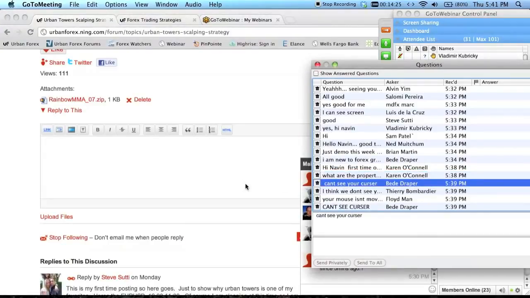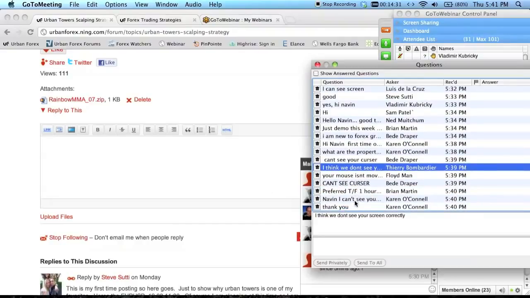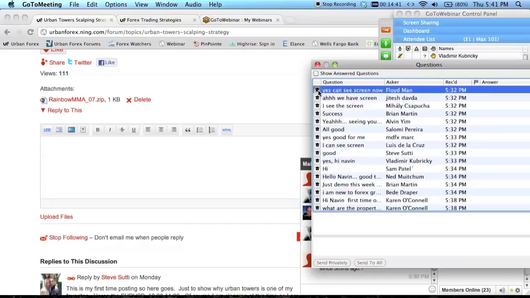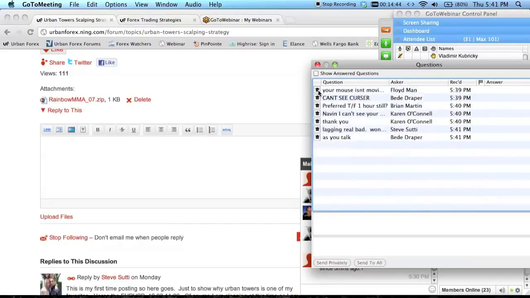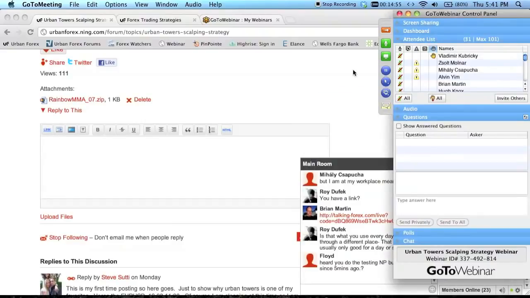Bede, you said you cannot see my cursor. I don't know if you can't see my screen correctly. Okay, looks like my cursor has stopped moving, so let me refresh my screen once again, real quick. Okay, let's get rid of all these questions. Steve says it's lagging really bad, wondering if it's just me. Just want to confirm with all you guys, can you hear my voice at least clearly, or is it just my screen that's having little problems? Okay, I'm going to reload the screen just now.